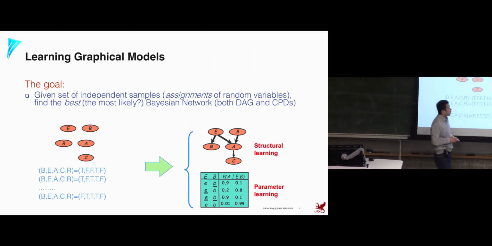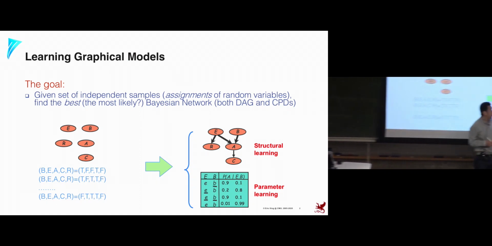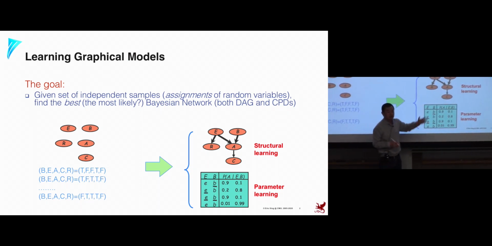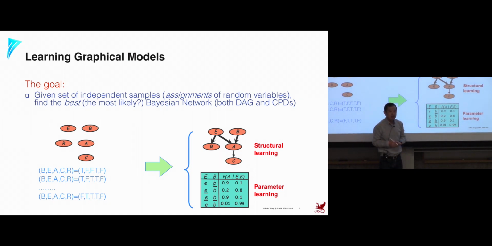And then the goal for learning in this context is to come up with these two things. One is called structure learning. You need to learn the graph, although in many cases the graphs are specified by people, in principle it is also possible to learn the structure directly from data.